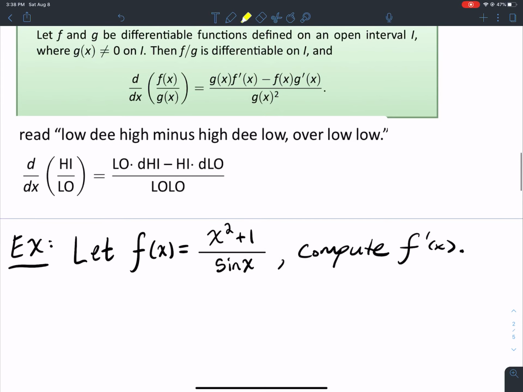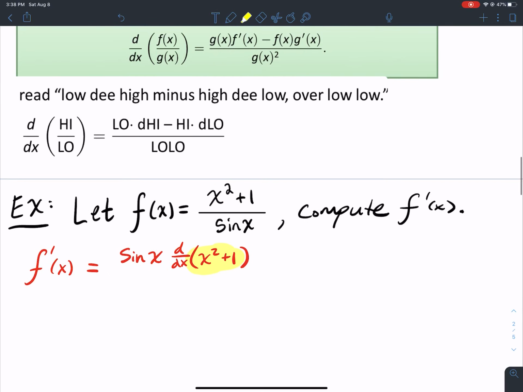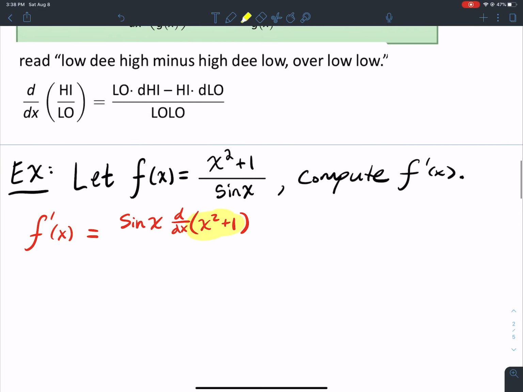So how do I do this? I want to compute the derivative using the quotient rule. Well, it's low d high, so sine x times the derivative of x squared plus 1. It's very important that you put your parentheses here. That's where most people would miss this problem, by not putting their parentheses.